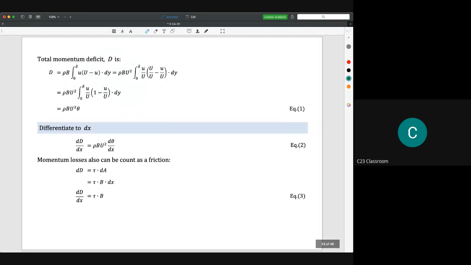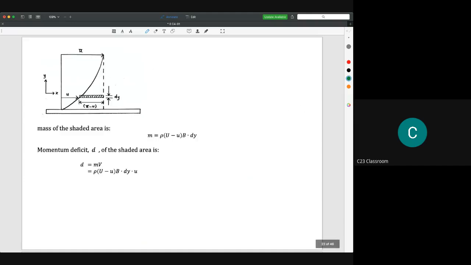And then we solve this one. To get the total momentum deficit, we integrate this equation, left and right hand side. We assume that the small d is the momentum deficit for this small area, and when we integrate it, it will show the total momentum for this area.